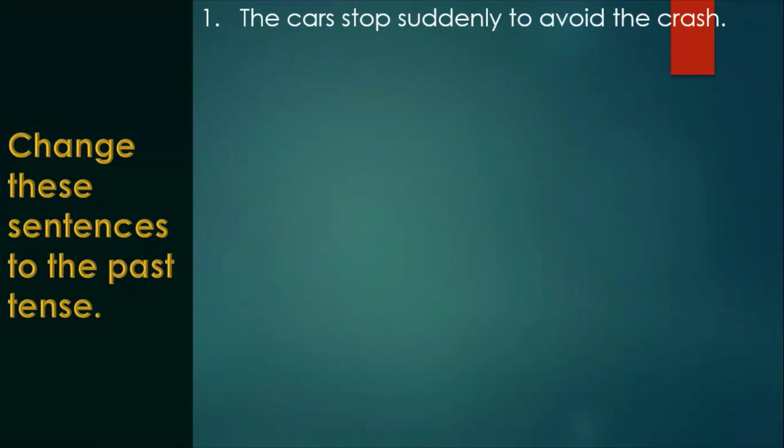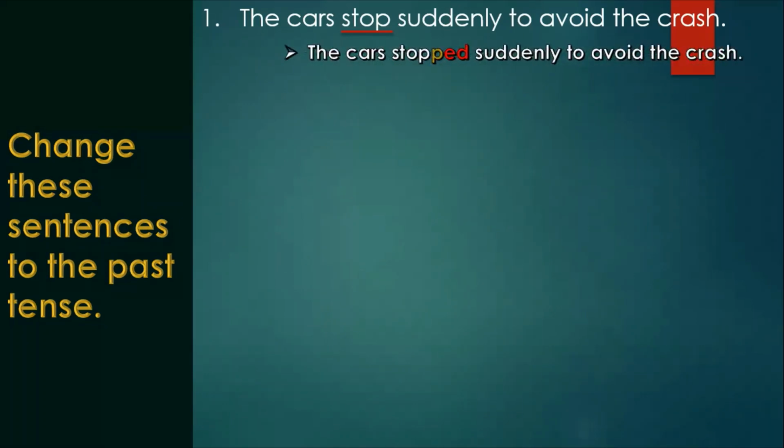How do I change this sentence from the present simple to the past simple? Exactly. Just remember that all we need to do is add an ed to the verb. And for that, friends, we have to identify the verb. That is the very first step that we have to take. So here we go: the cars stopped suddenly to avoid the crash.